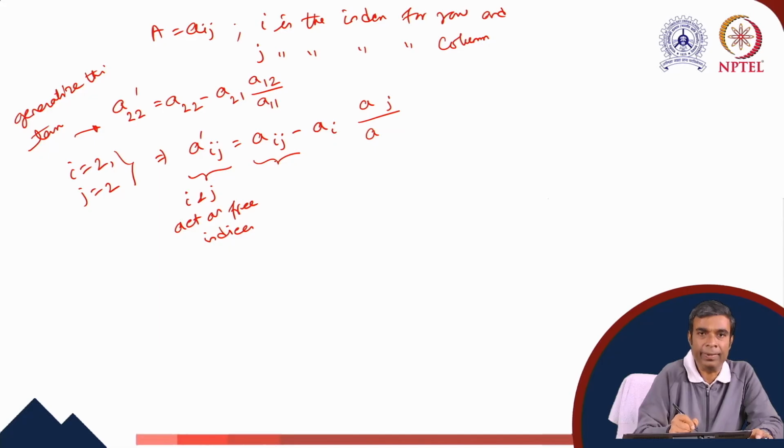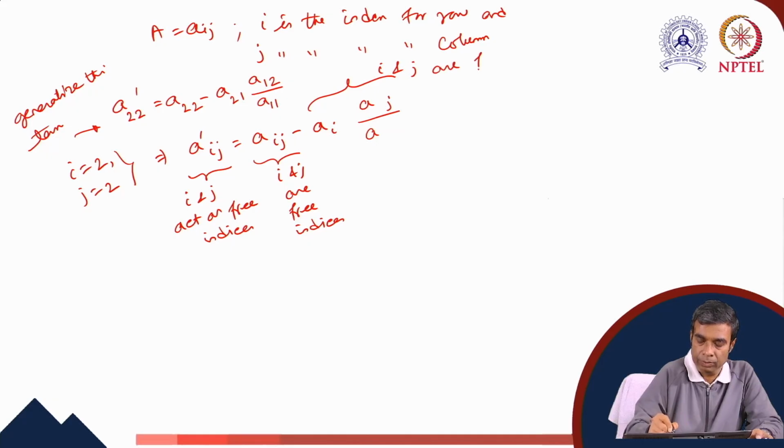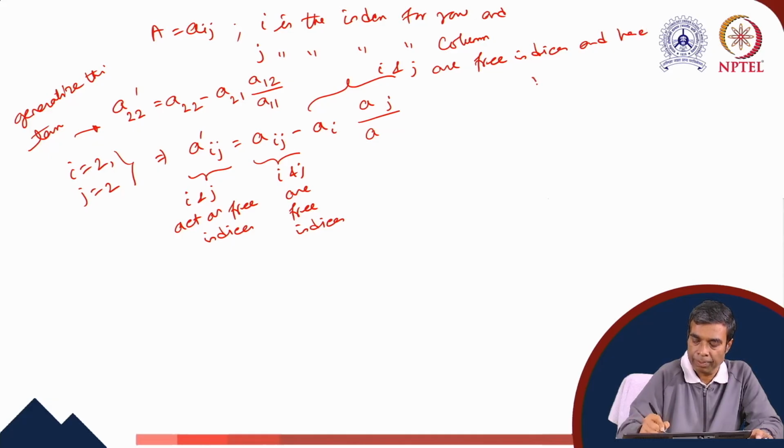So in the right hand side, the first term, here also i and j are free indices. Therefore, in this last portion, i and j are free indices and hence must not be repeated.